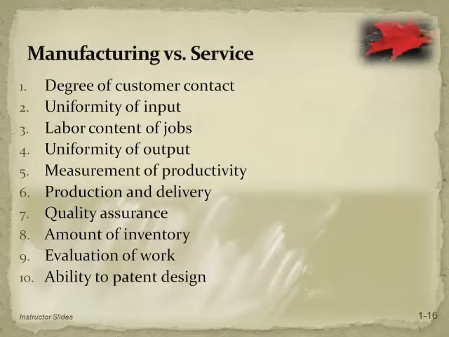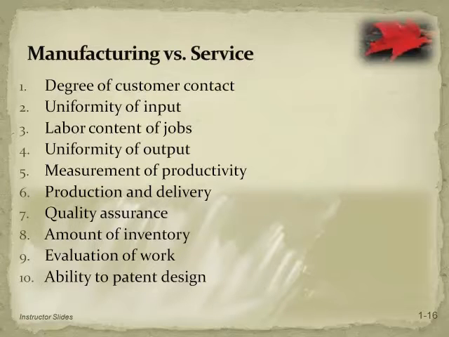So within the manufacturing and service, there's differences. Manufacturing has very little customer contact, whereas the service industry usually has a significant amount of contact. The inputs that go into a good or service are typically fairly well defined in manufacturing, more difficult in service.